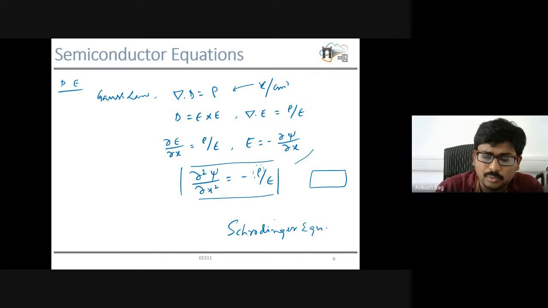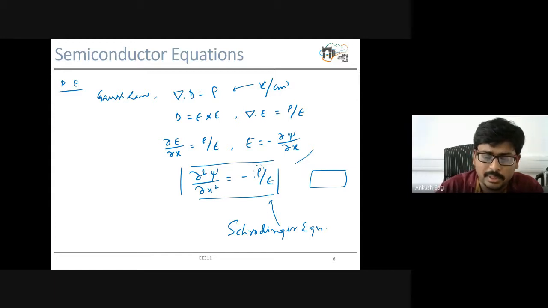Those from engineering physics have another course, solid state physics, where you will understand it in more detail. For the scope of this course, I'll not go into Schrodinger, but eventually it will give us rho, the variation of charge within the device, and this charge density will finally give us the electric field or the potential.